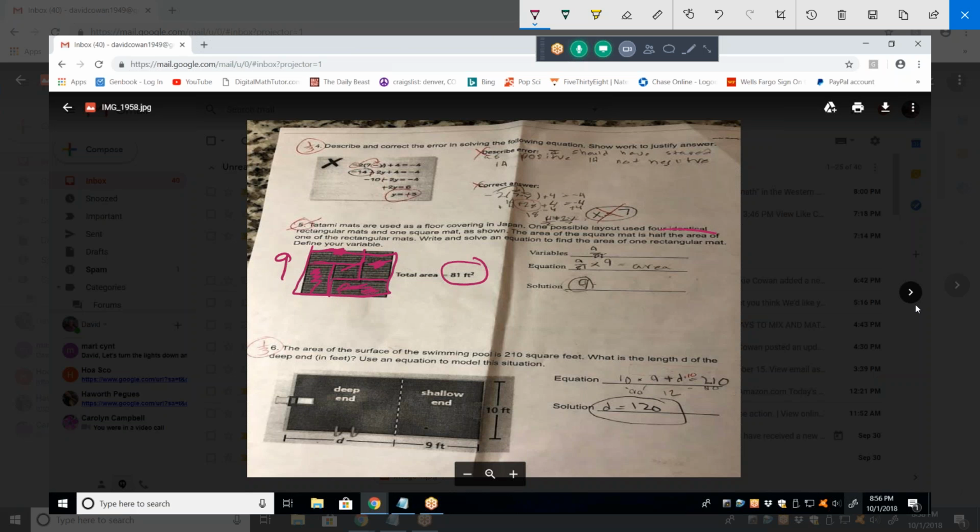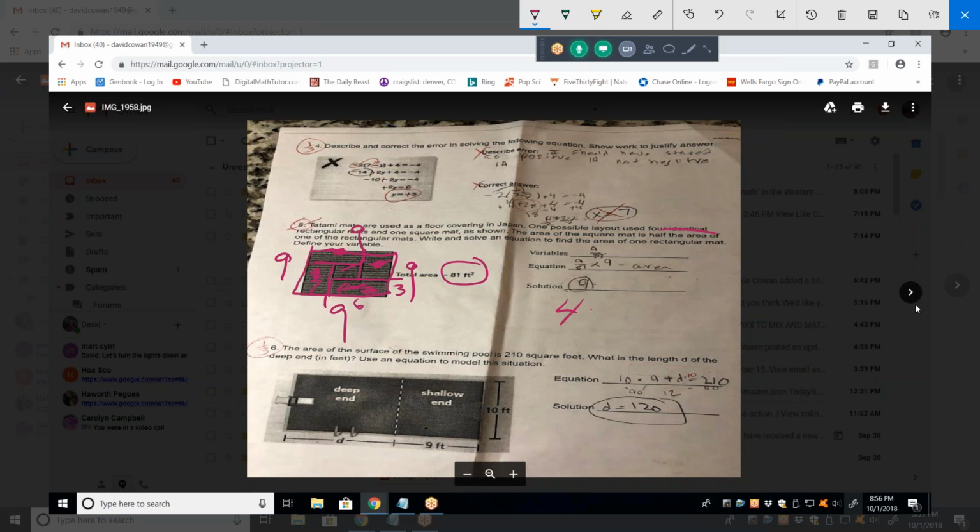So that side's 9, that side's 9, that side's 9, and that side's 9. What do you figure the area of each rectangle is? 18. Yeah, in other words, that's got to be 6, that's got to be 3. So all 4 of these rectangles are equal, and they're all 18.